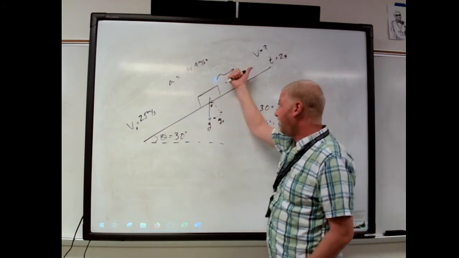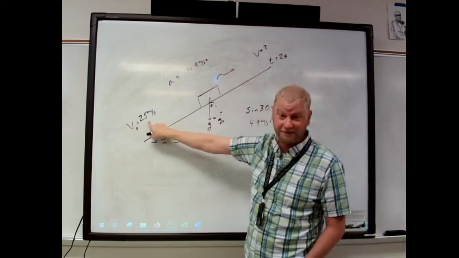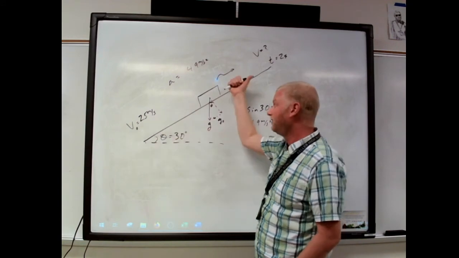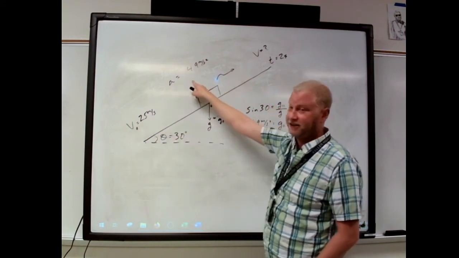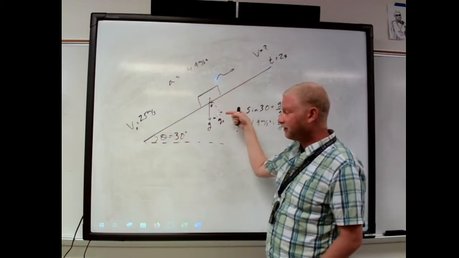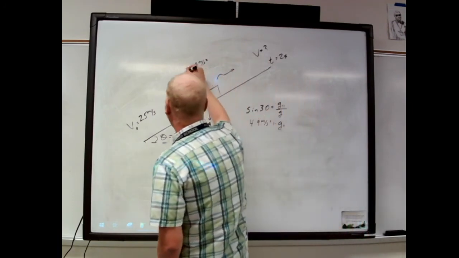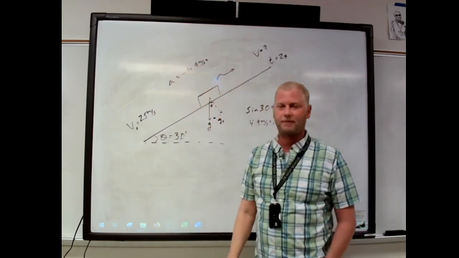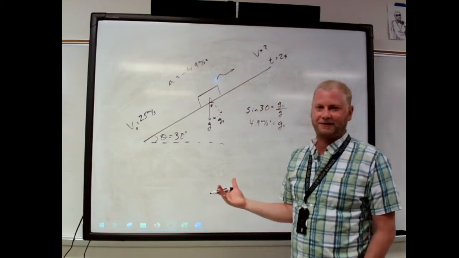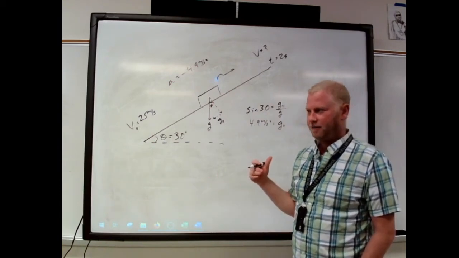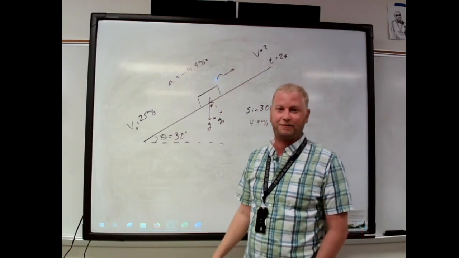So if we're considering uphill our positive direction, which is why V naught is a positive 25, we've got to consider the direction of the acceleration. Well, g parallel is always going downhill, right? So we would have to pop a negative in there. Now your mathematics would warn you if you made a mistake in putting a negative.